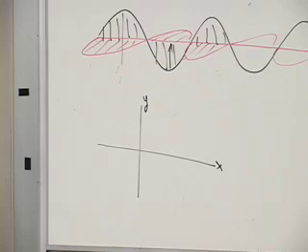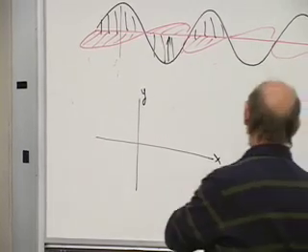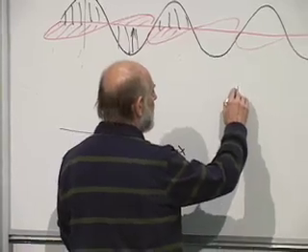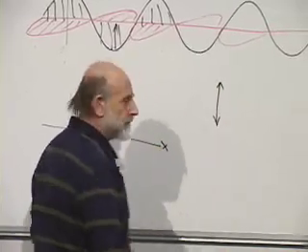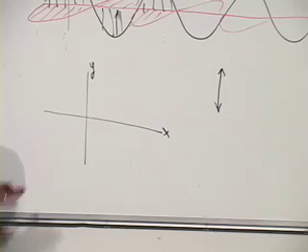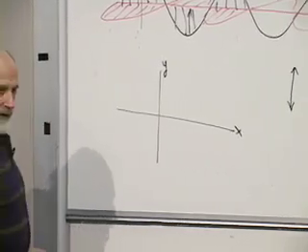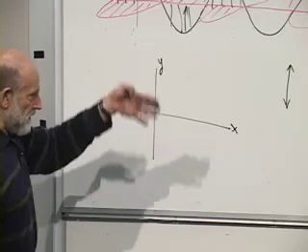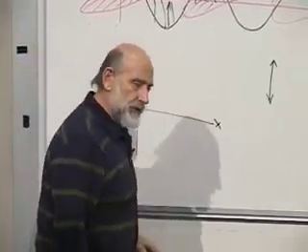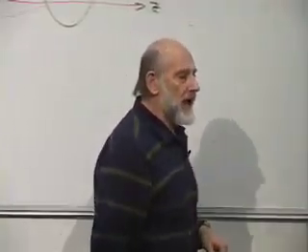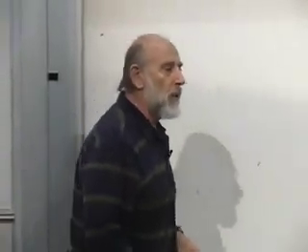However, we don't distinguish whether the electric field is up from whether it's down. We just say, for example, it's polarized in the y direction. It's an oscillation up and down in the y direction, but just think of it as a wave polarized along the y-axis.